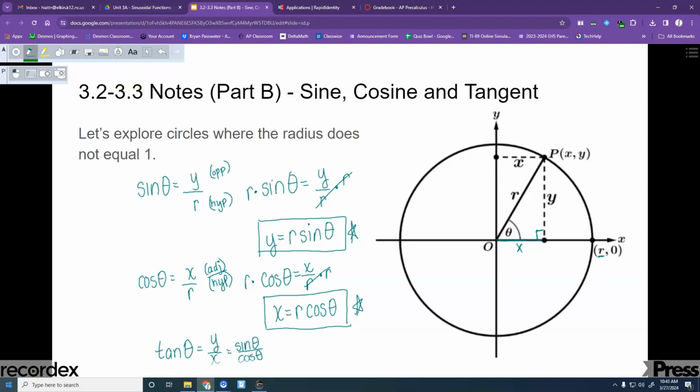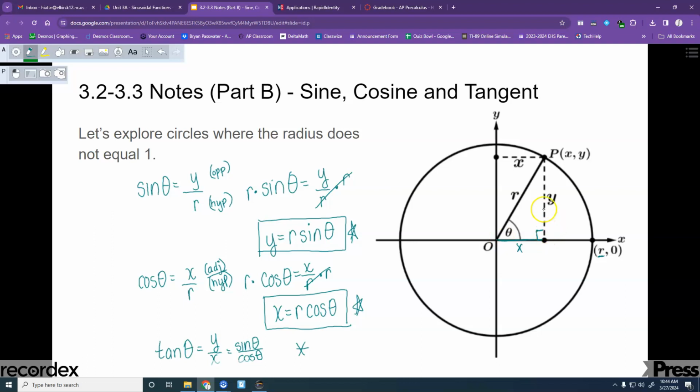All right, so these two things are going to be the most important. Tangent, one other note I'm going to put about tangent right here. If tangent is y over x, and the angle is in standard position, so it always goes through 0, 0, right?